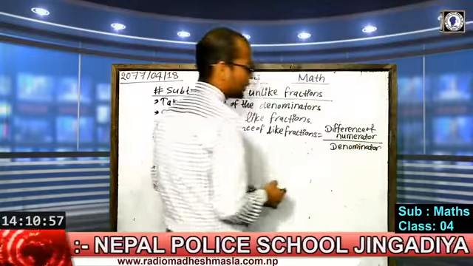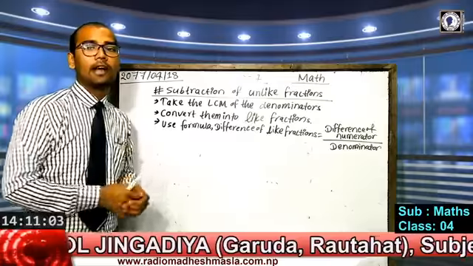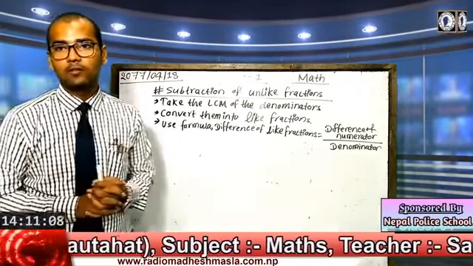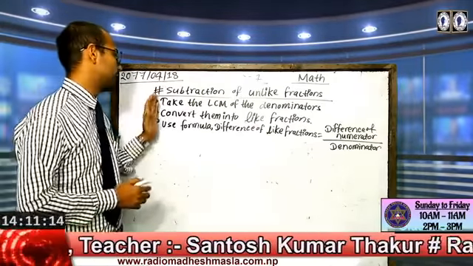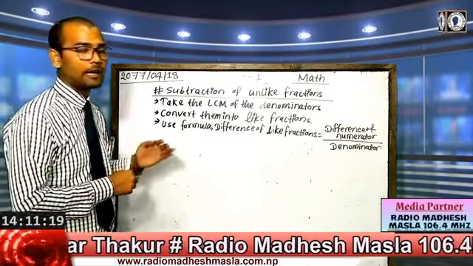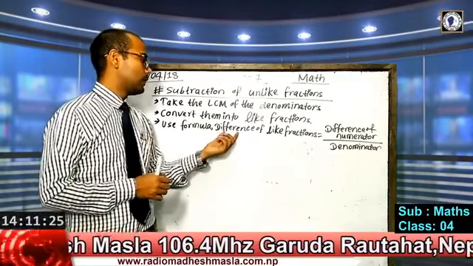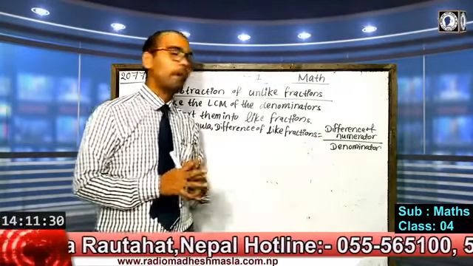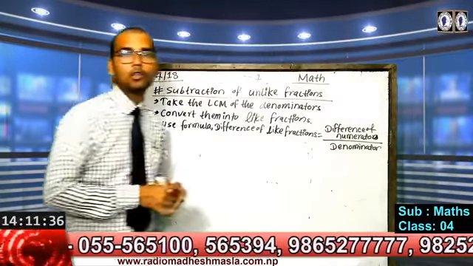Yes students, these are the three rules that we need to follow to find the difference of unlike fractions. First, take the LCM of the denominators, then convert them into like fractions, and at last use the formula: difference of like fractions equals difference of numerators by the denominator.